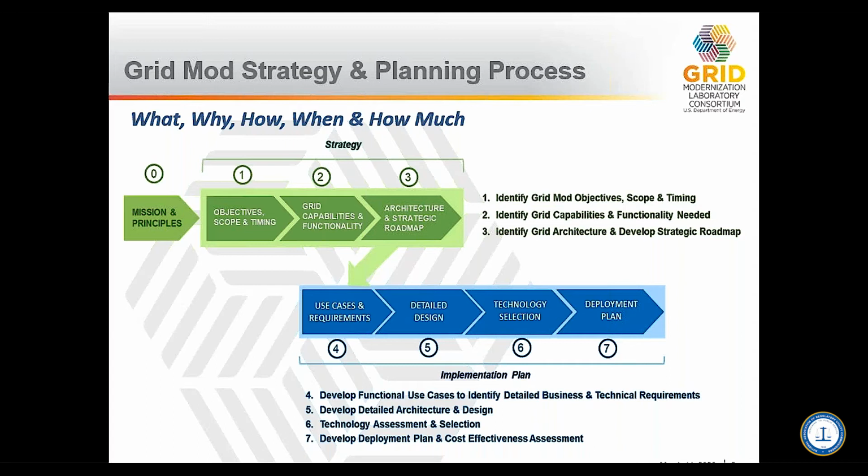The second is those objectives really define what capabilities and functionality you need the grid to be able to do. And we'll talk through an example. Then off of that, there are a number of architectural dimensions. How do we think about communication, if there's a need for communication, or generically different automation in the field, if there's implication for different software capabilities that are needed?